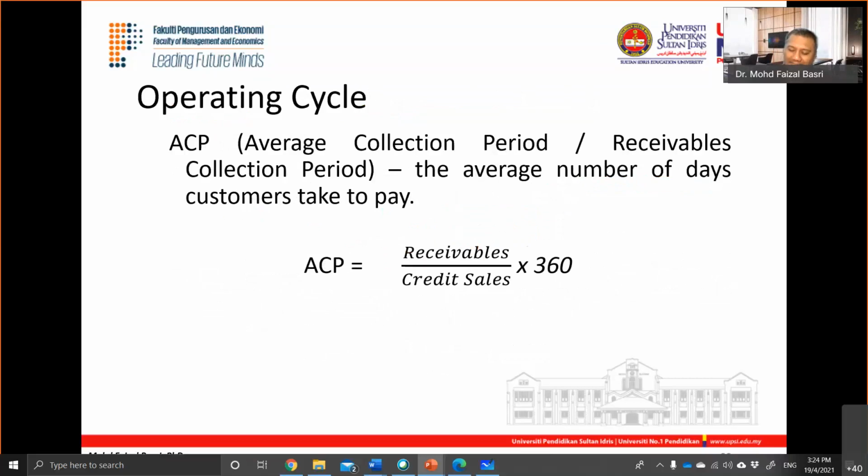I recap: ACP stands for the average number of days from the day you sell your goods until the day your customer makes payments. So that's why it says here the average number of days customers take to pay.